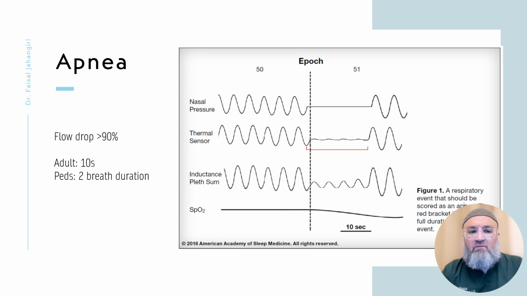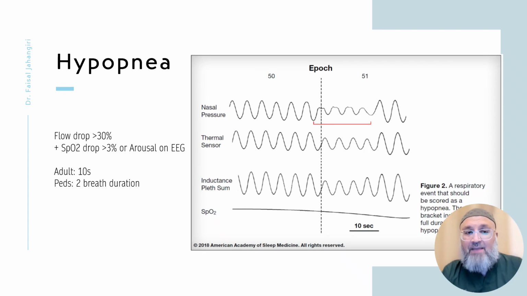So we can see the classification of apnea: the airway flow drops more than 90%. In adults, the drop lasts for more than 10 seconds, and in pediatrics it is a two breath duration. So if the airway flow is dropped more than 90% for two breaths in pediatrics, or 10 seconds in adults, that is classified as apnea.